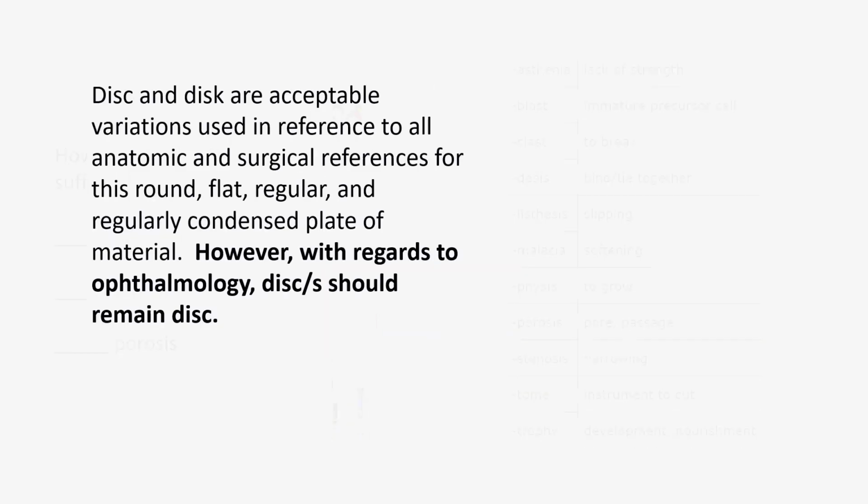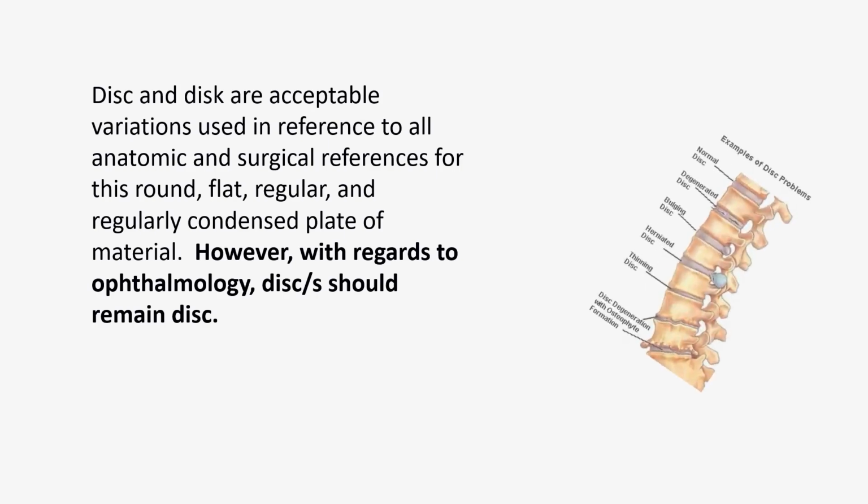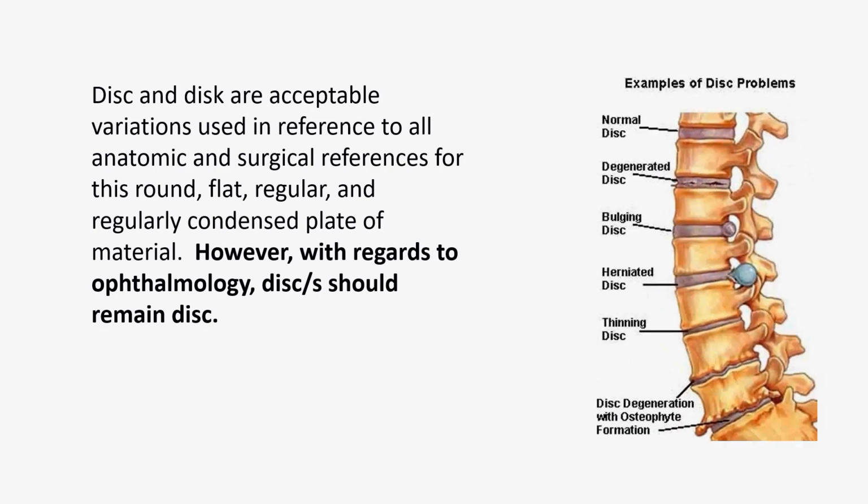Now, disc and disk with the C or the K are acceptable variations. They're used in reference to anatomical and surgical references for this round, flat, regular, and regularly condensed plate of material.